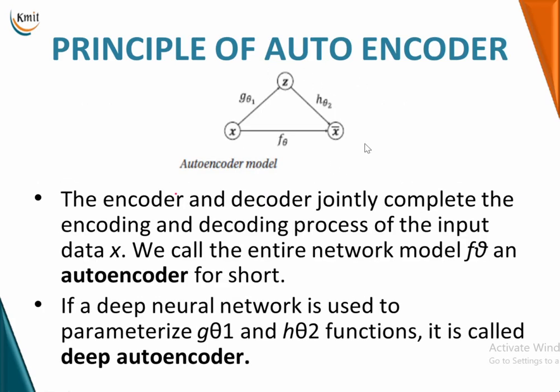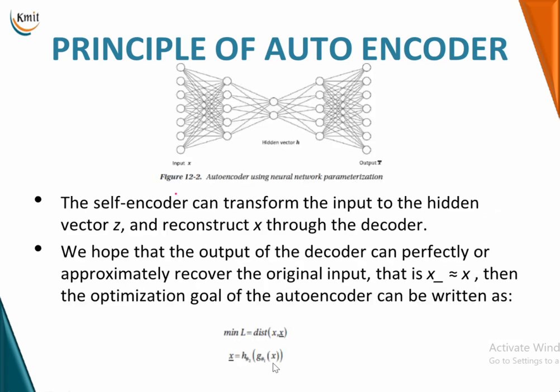You can see here, this represents an autoencoder model. x is converted first into z using a mathematical model g theta 1, and then suitably using h theta 2, you get back x bar, which is a reconstructed output from x. When they are completely joined together, you form an autoencoder. If a deep neural network is used to parameterize the g theta 1 and h theta 2 functions, it is called a deep autoencoder.